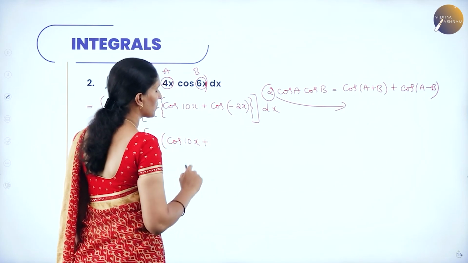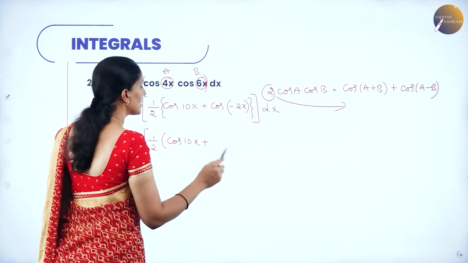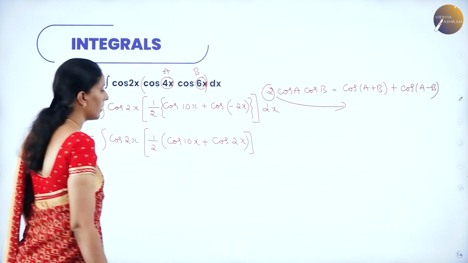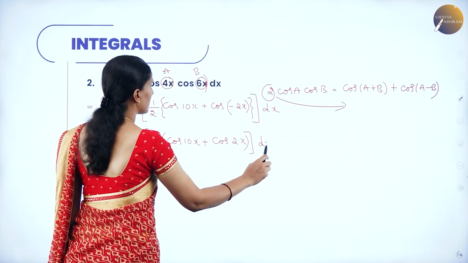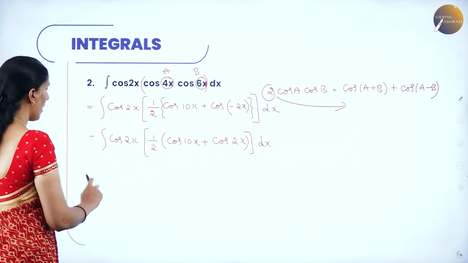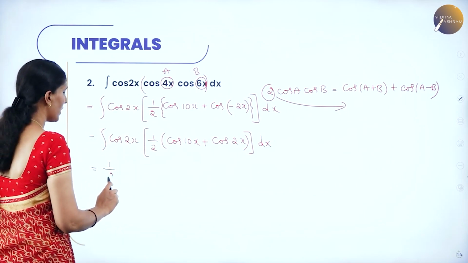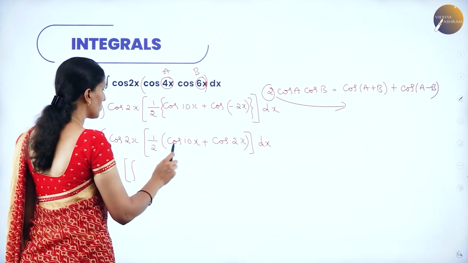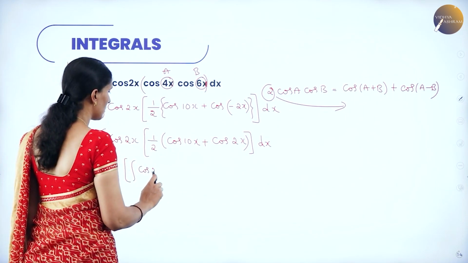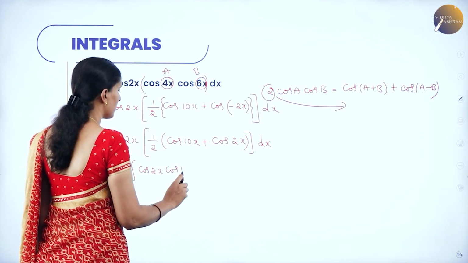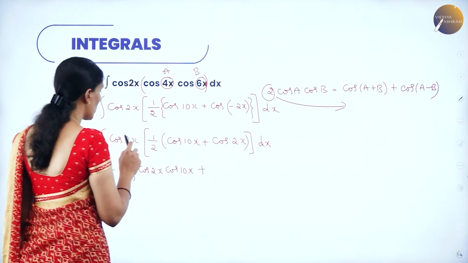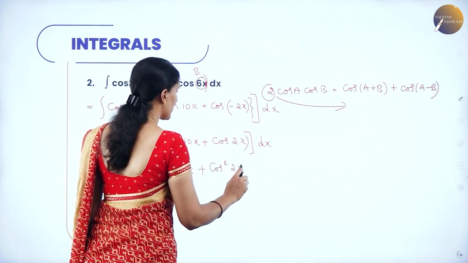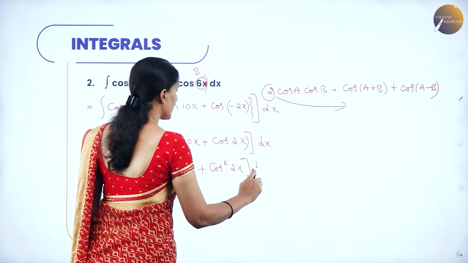Now here we have the integral of 1 by 2 times cos 10x plus cos of minus 2x, or cos of minus theta is cos theta itself, so that it becomes cos 2x into dx. Next we can take half outside, and here again we get the integral of cos 2x into cos 10x plus cos 2x into cos 2x, which is cos square 2x, with respect to dx.